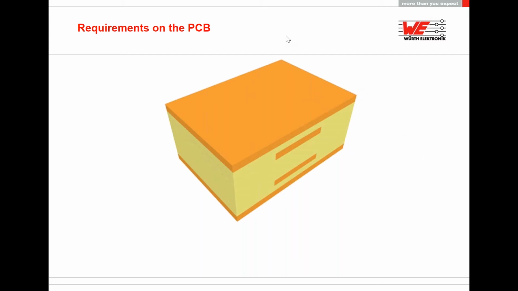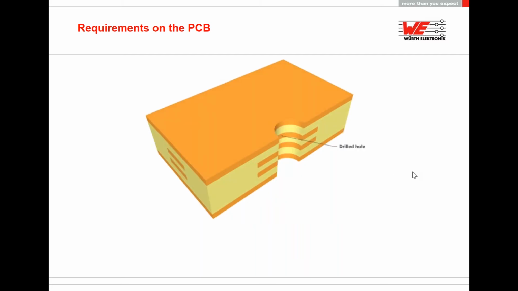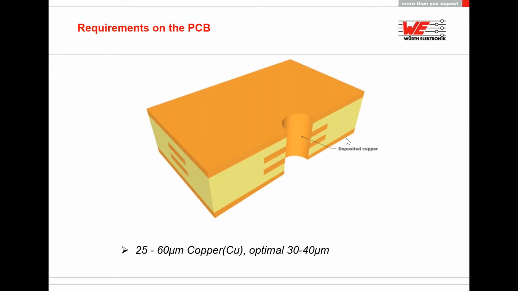So first of all, we have to drill a drill hole into the via through all the layers. After that, we have to plate copper to connect the layers in between.